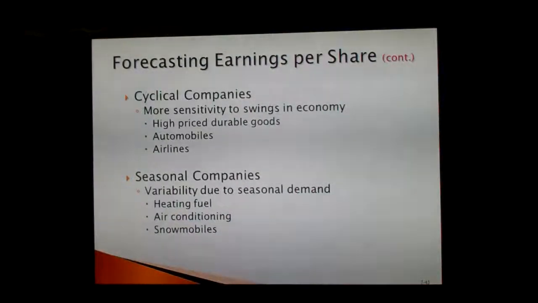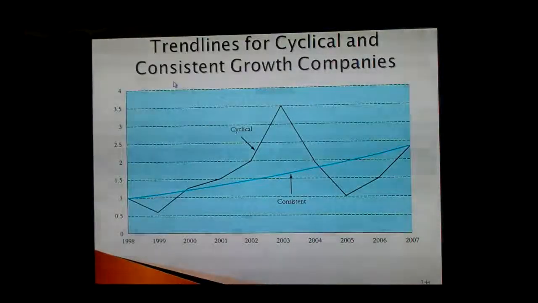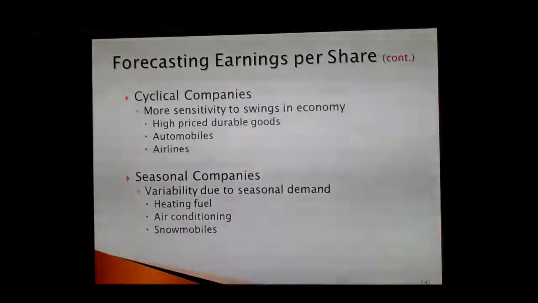People buy fewer cars. Okay, seasonal companies, variability due to seasonal demand: heating fuel, air conditioners, snowmobiles can all have an effect on earnings per share, right? Otherwise, we'd buy pumpkins in September and sell them in October before Halloween. If there was, you could make a big market by that. So that's all accounted for in the earnings per share.